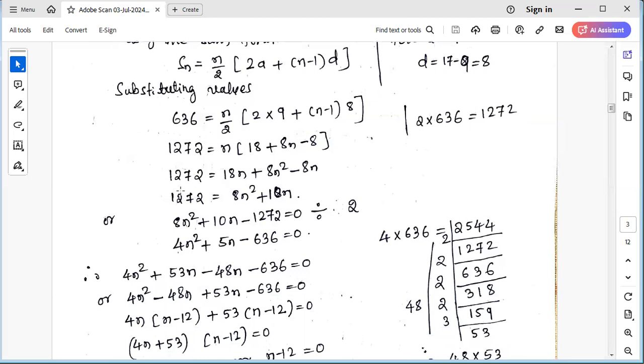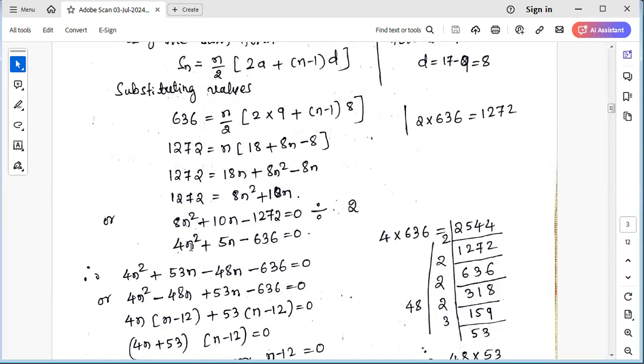And now what to do? You rewrite this equation as 8n square plus 10n, and then I have taken this 1272 to the RHS side, so it is minus 1272 is equal to 0. And now you divide this whole equation by the number 2.